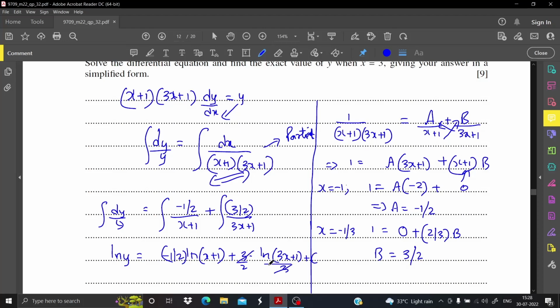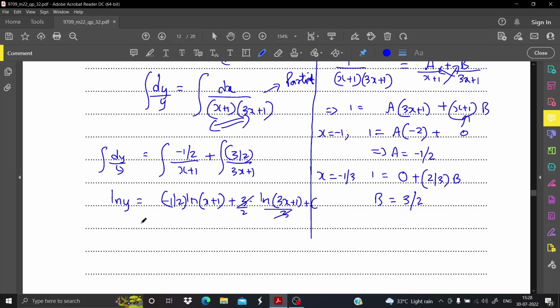So 3 cancel. So we can combine this, this is nothing but log a minus log b, half common. So you get half times log of 3x plus 1 divided by x plus 1, plus c, and that's equal to log y.